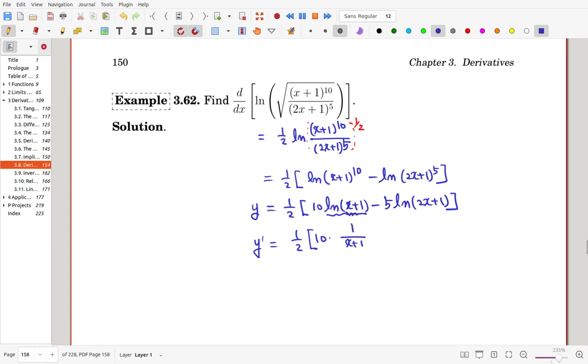We consider this one as f of x, so the derivative of that term is 1, and f of x is x plus 1. Now minus 5, and the derivative of that term is 2, and this is 2x plus 1. If you want, you can simplify, but anyway, this is a solution.